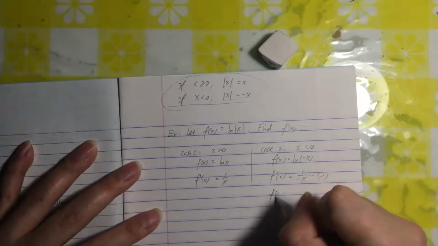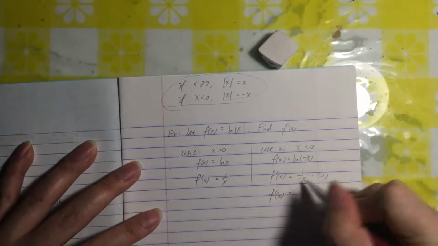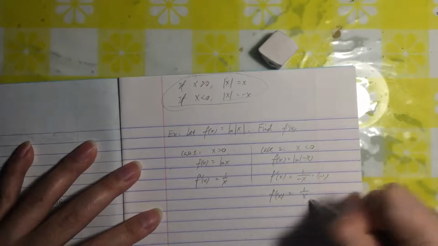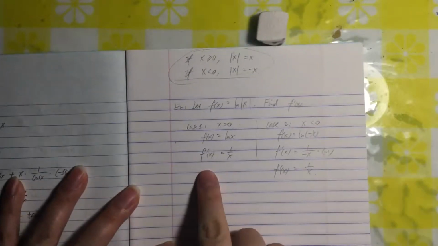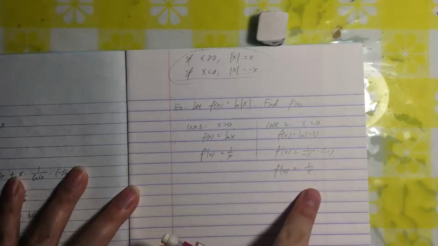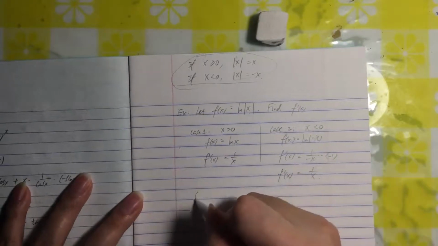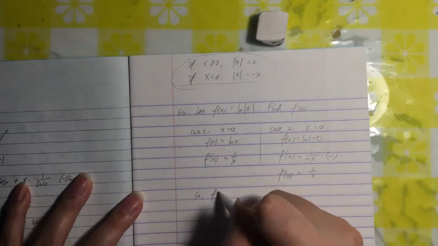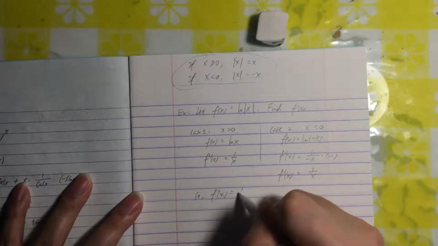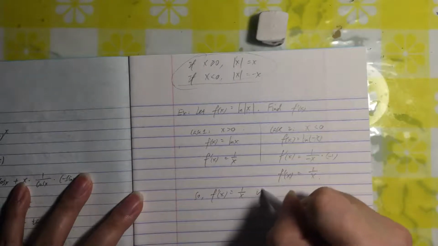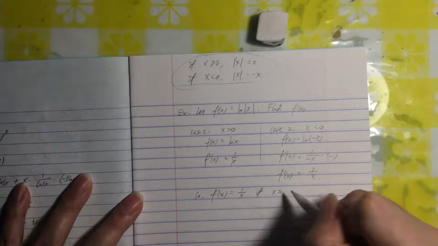If we simplify, the double negative becomes positive, and we get 1 over x. So in both cases, we get exactly the same answer. That means f prime of x equals 1 over x if x is not 0.